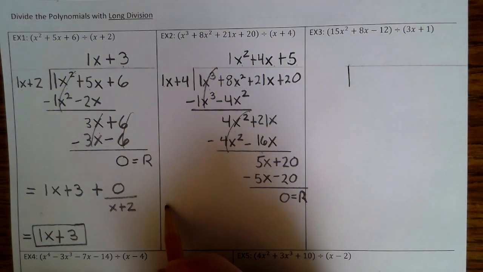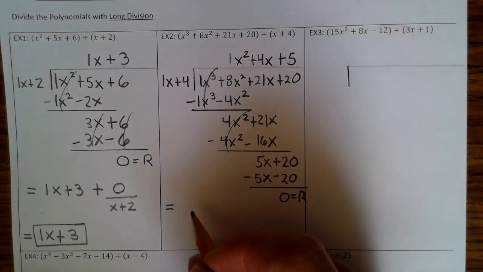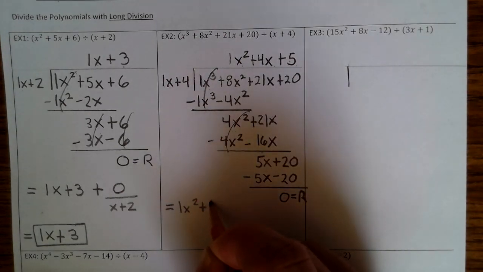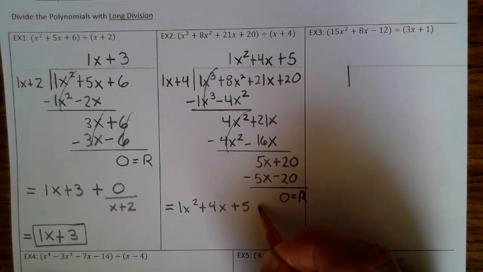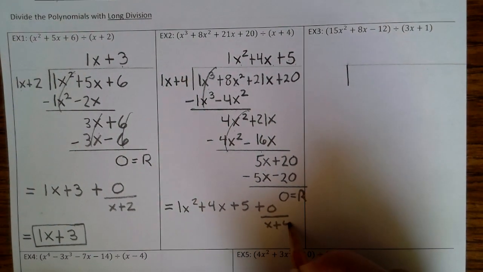Okay? So that's 1x squared plus 4x plus 5 plus 0 divided by x plus 4.